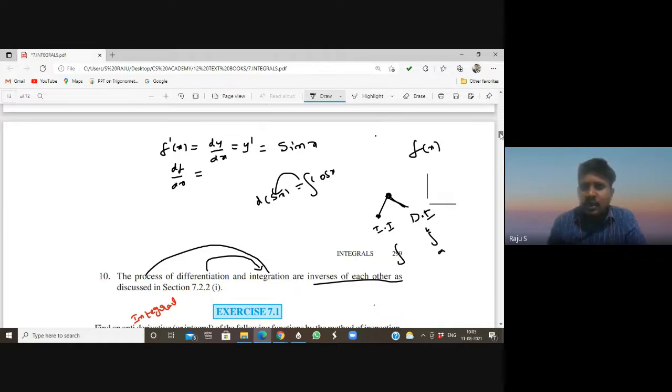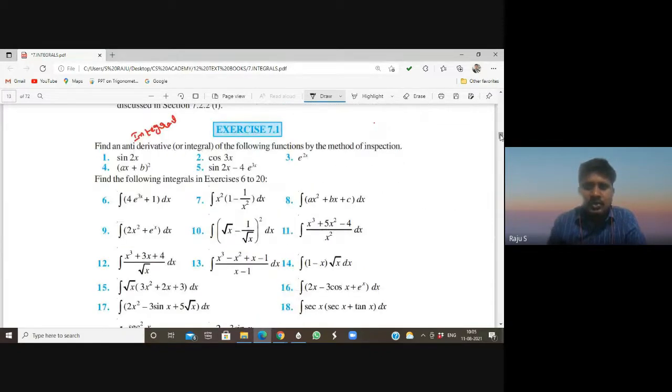Right, friends? So in the first question, they are asking for the antiderivative by the method of inspection. We know the derivative of what function becomes sin 2x. Sin 2x is given, f dash of x is sin 2x. We have to find the antiderivative, nothing but the original function.